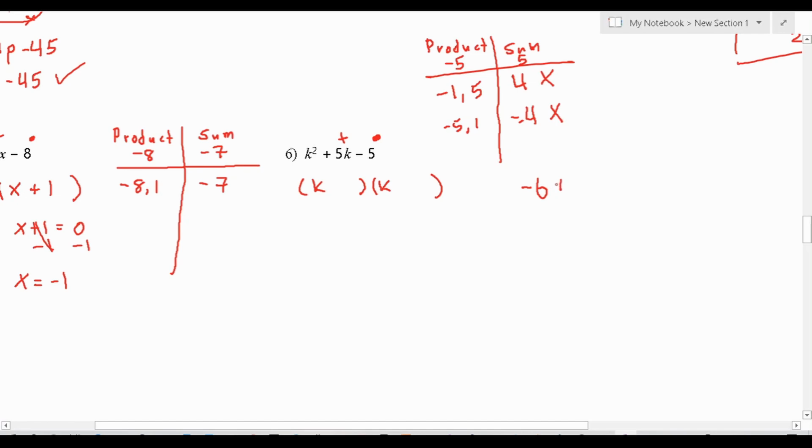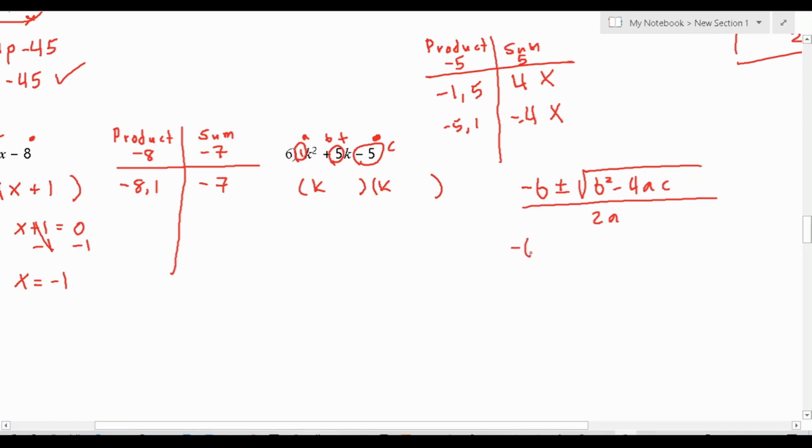Again, that's negative b plus or minus the square root of b squared minus 4ac all over 2a. And we know our a is 1 in this case, our b is going to be 5, and our c is going to be negative 5. Just plug those in accordingly.